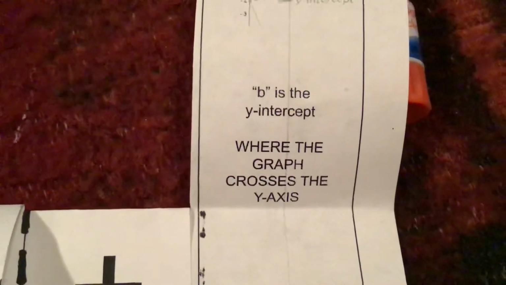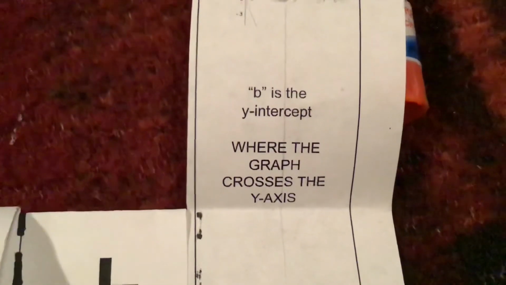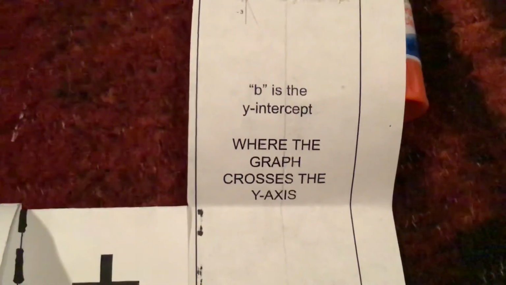B is called the y-intercept, and there's that definition I just stated, where the graph crosses the y-axis. This foldable is there to help you remember what each part of this equation represents, and it's also going to be very important when we look at our problems and work through some things.